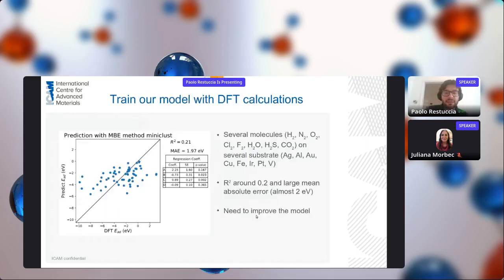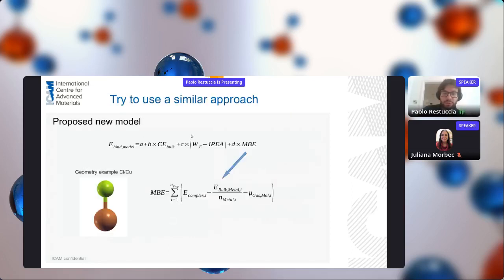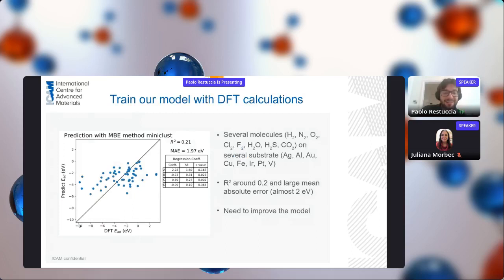So what we have done next is doing something similar: performing the training, through machine learning algorithms, of this formula that I show you here, with, again, the DFT calculation of the DFT adsorption energy of several molecules, ranging from simple diatomic molecules to, let's say, slightly complex ones like water and carbon dioxide, on several substrates, like noble metals again, but also aluminum, iron, vanadium, iridium, and platinum.